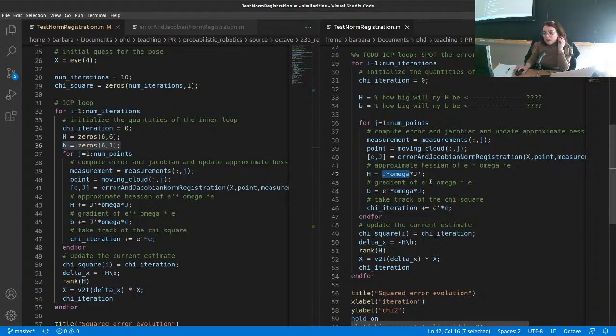So MATLAB would complain if you try with this expression of H.